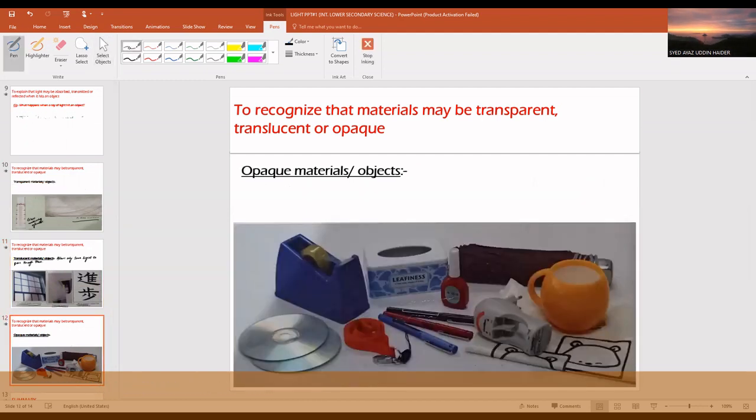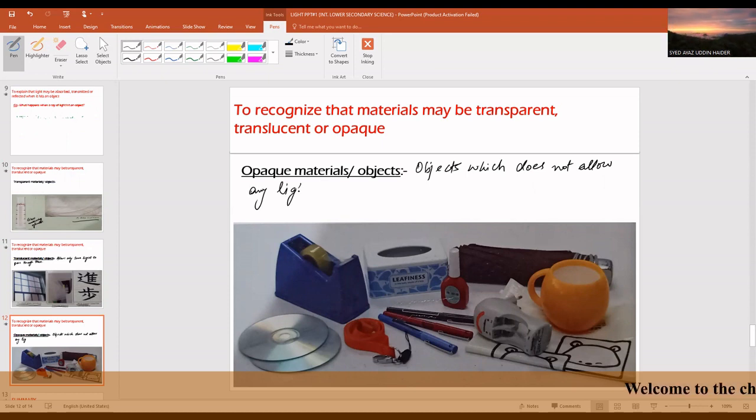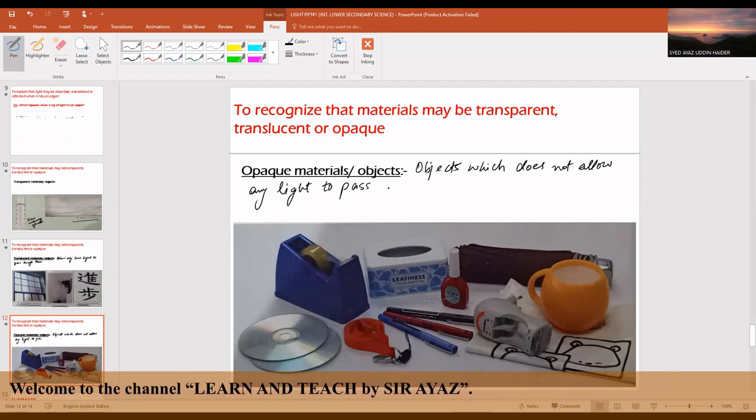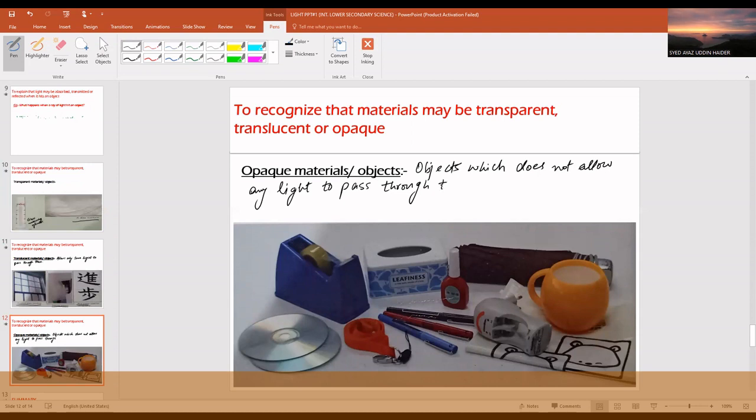Opaque materials or objects. Opaque objects or materials do not allow any light to pass through them. Objects which do not allow any light to pass through them.